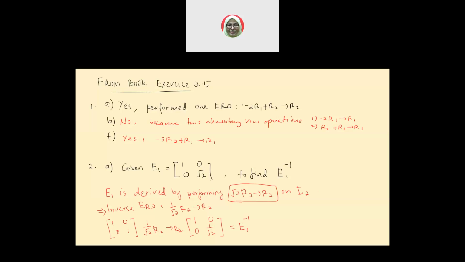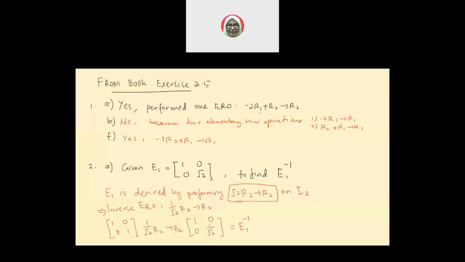Matrix B is not an elementary matrix because it performs two elementary row operations: negative 2R1 changes in R1, and 2R2 plus R1 changes in R1. Okay, matrix F is an elementary matrix. The row operation is negative 3R2 plus R1 changes in R1.